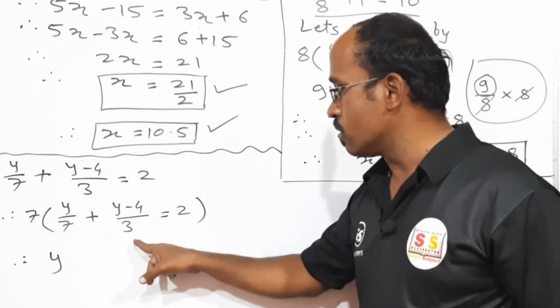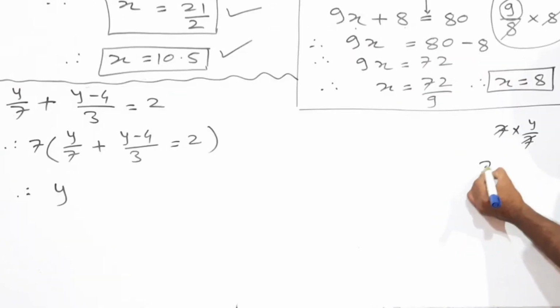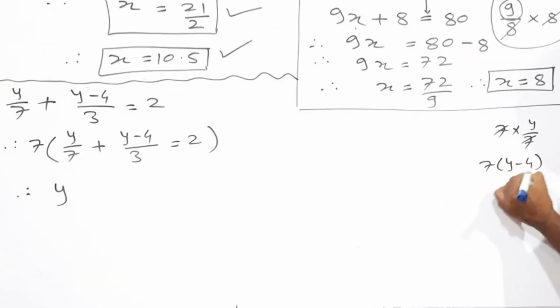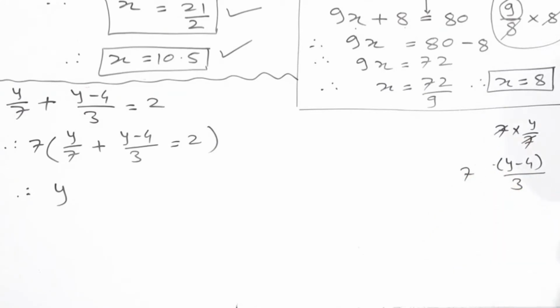Y minus 4 upon 3 multiplied by 7. 7 multiplied by y minus 4 upon 3. Clear, students? So 7 multiplied by this is nothing but 7 upon 1 multiplied by this. So numerator will multiply to the numerator, denominator will multiply to the denominator.